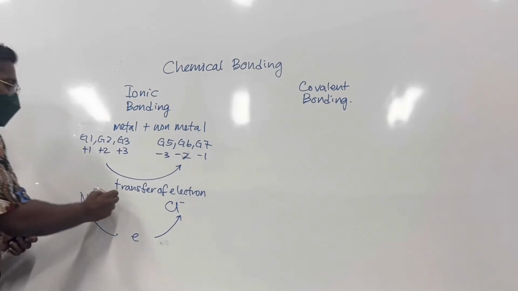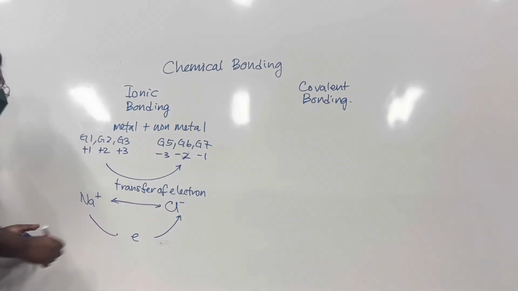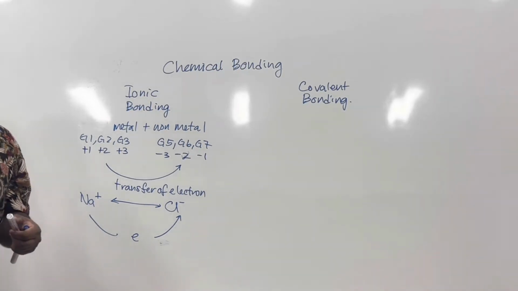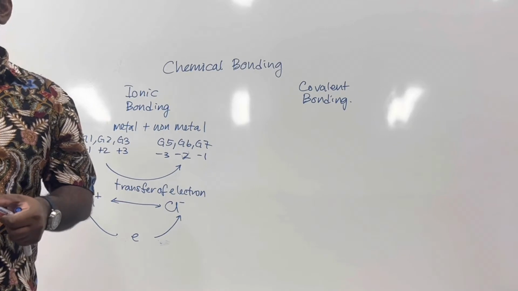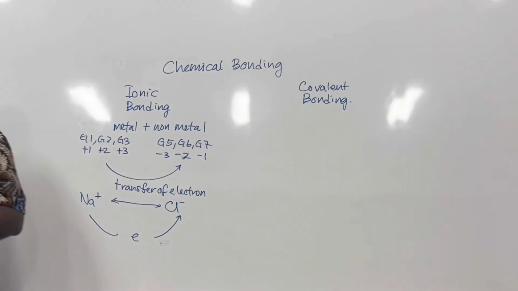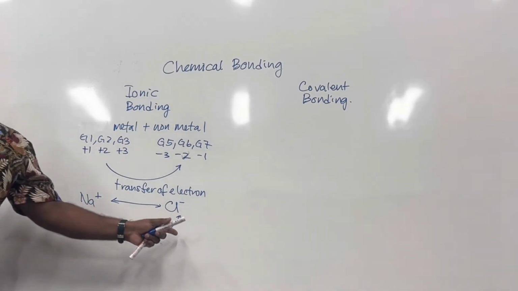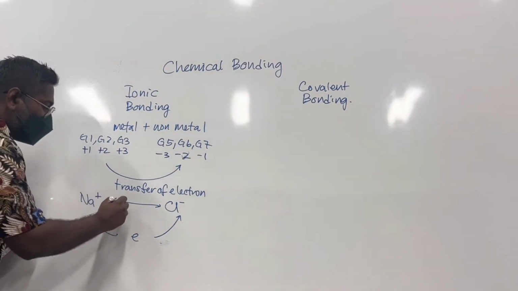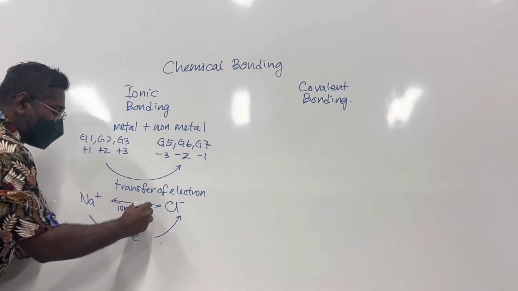And there is a form of attraction that will happen between Na+ and Cl-, what we call the electrostatic force of attraction between opposite ions. This is positive ion, negative ion. So this is what we call ionic bonding, an ionic bond.